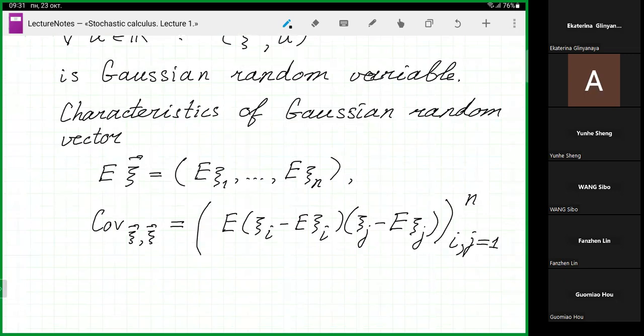You remember that the characteristic function, exactly as in the case of random variables, for random vectors also defines the distribution of the random vector uniquely.